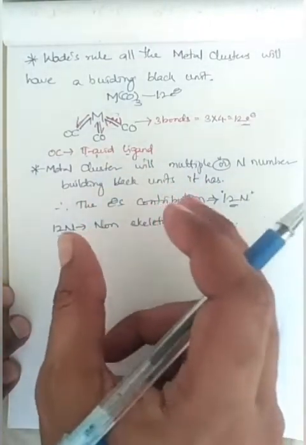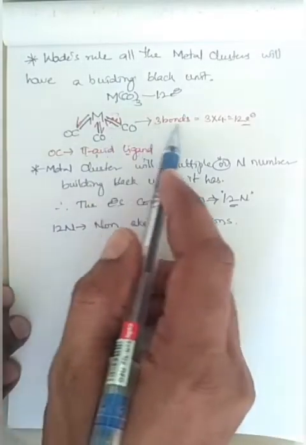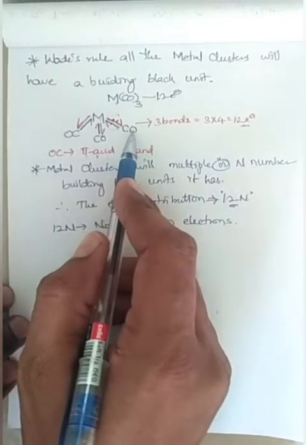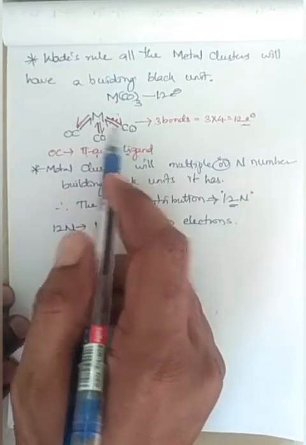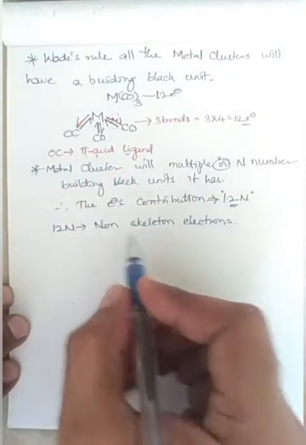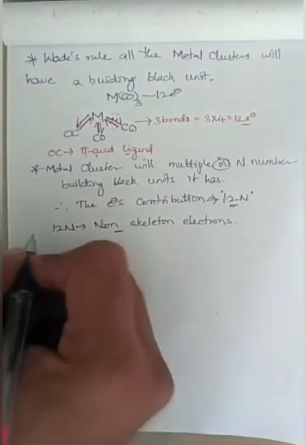The skeletal will be defined with respect to metal to metal bonds. Here the 12 electron contribution is from metal to ligand, so it does not come under the skeletal, right? The bond may not be defined as the skeletal of the metal cluster. So they are termed as non-skeletal electrons, right?